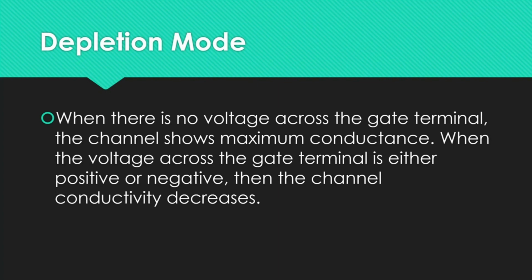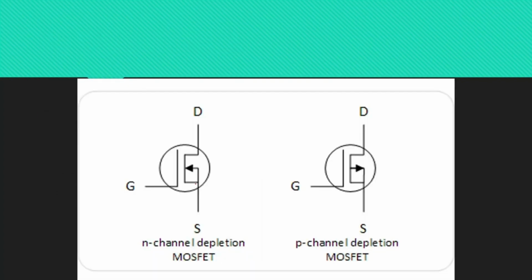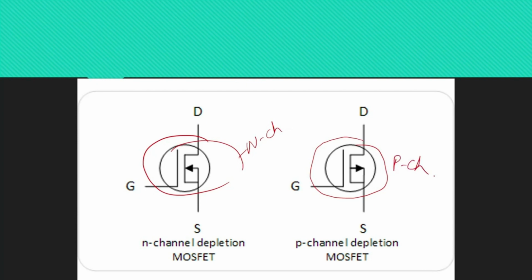When you apply either positive or negative voltage, the channel width decreases and conductivity decreases between drain and source terminals. This is the symbol of depletion mode MOSFET, N channel and P channel.